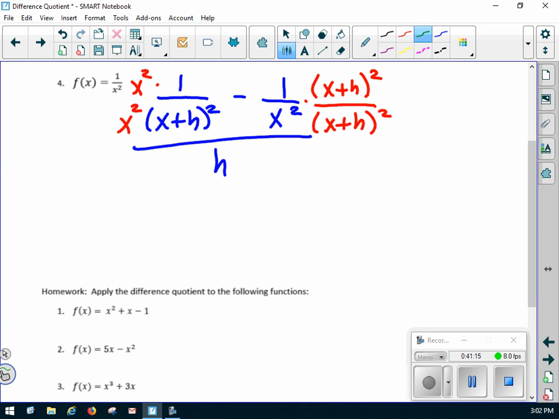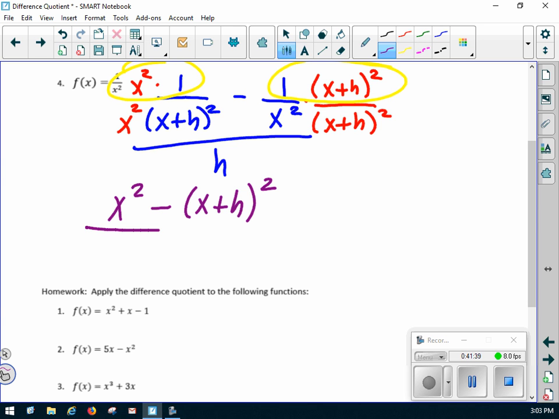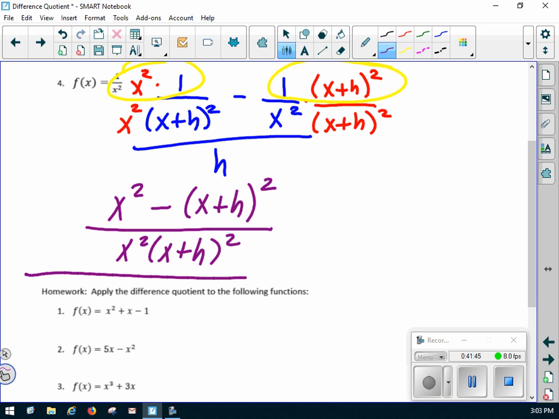What's that fraction missing? Now let's talk about what all that numerator mess is. Here, what have we got? We got x squared minus, over, all over.